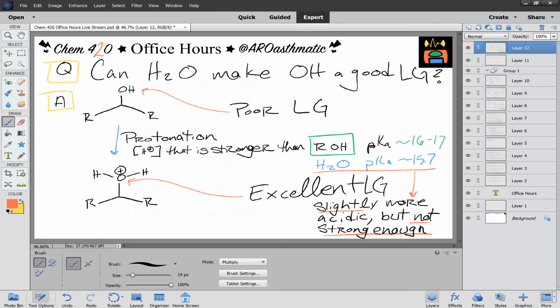You want a really, really powerful acid to protonate that alcohol so that it becomes a good leaving group, and you can get on with the rest of your mechanism, whether it's Sn1 or E1. And reality is it's probably going to be a bit of both for that situation. All right, so that's the first conceptual question.